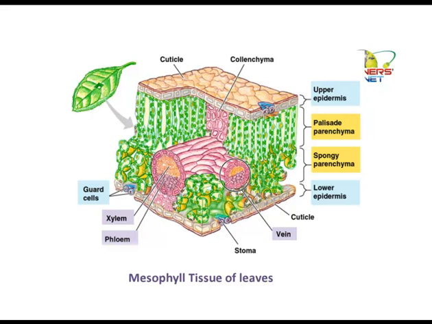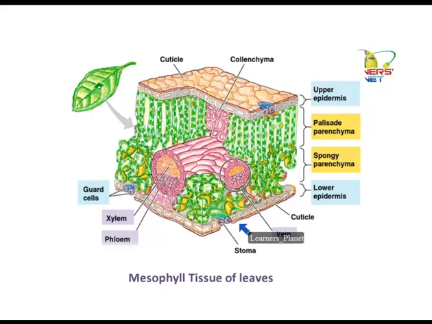This is the structure of a leaf. You can see this here, it is a leaf, and this particular region is a section of a leaf. So let us look at the different regions now. A leaf is made up of different parts. This outer layer, we can say, is the outer covering of the leaf. These are known as epidermis.